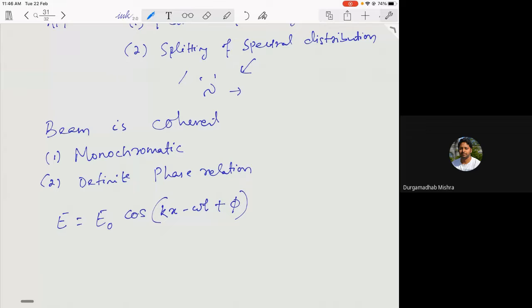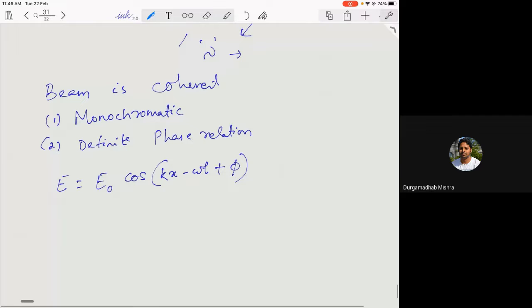So the electric field is represented by E equal to E naught cosine of (kx minus omega t plus phi). So this means it's like a sine wave or a cosine wave. Okay, so you can draw it like this, a perfect cosine.